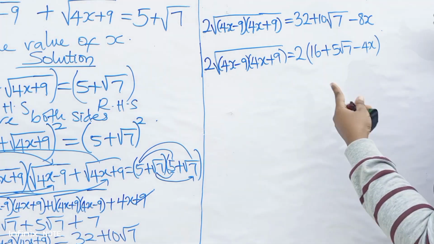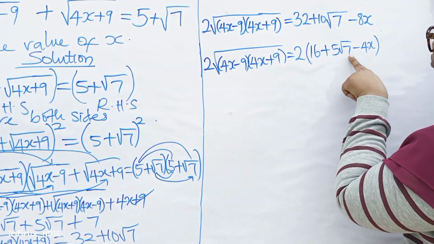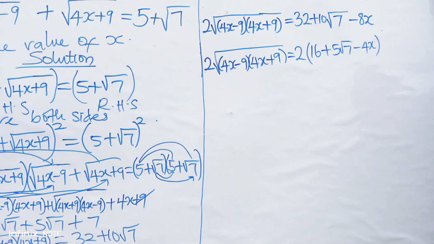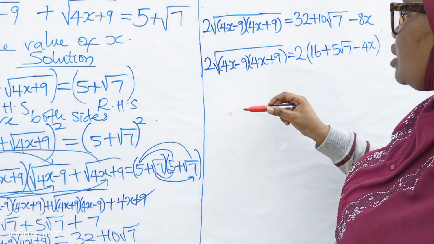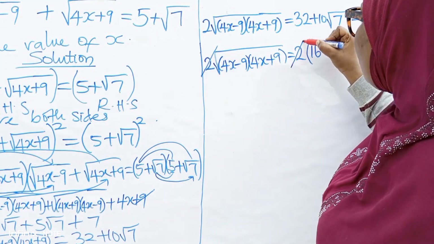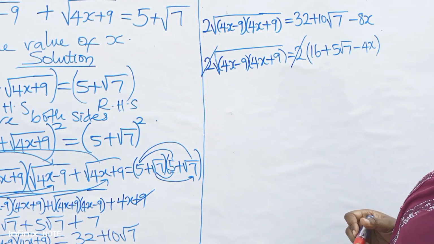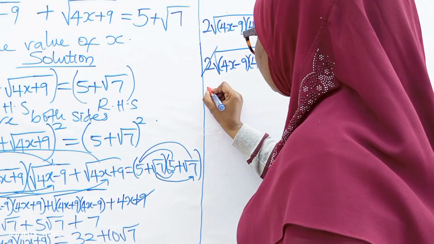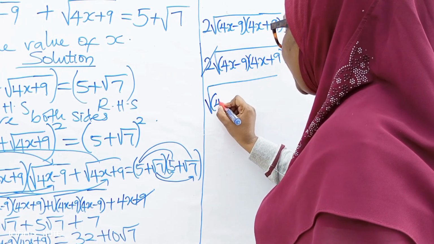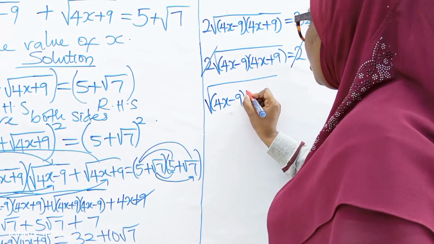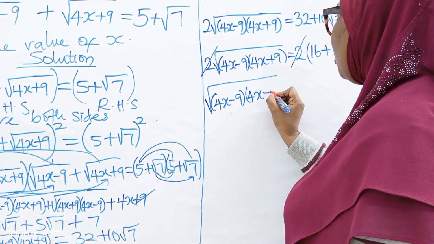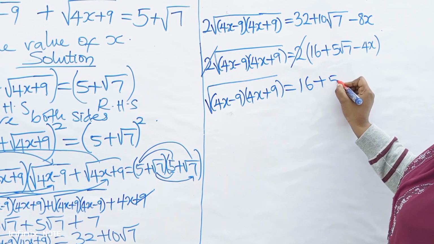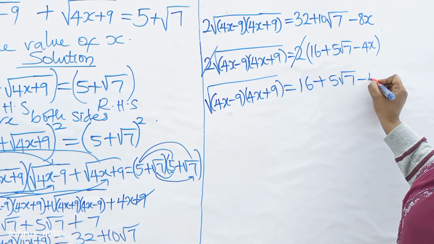Now, at the end of the day, if I use 2 to multiply everything inside this bracket, I must get back 32 plus 10 root 7 minus 8x. So here, divide both sides by 2. So I have 4x minus 9 multiplied by 4x plus 9 is equal to what? 16 plus 5 root 7 minus 4x.